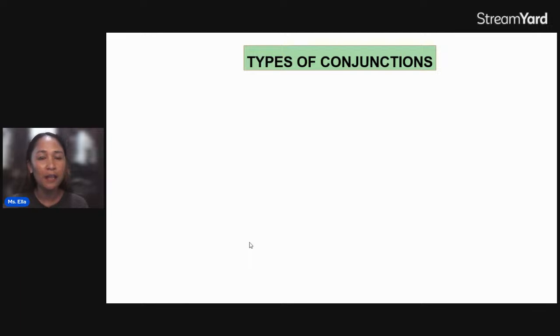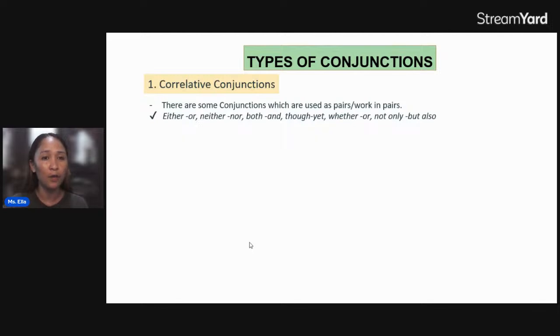Now let's talk about types of conjunctions. First, correlative conjunctions. What is a correlative conjunction? Correlative conjunctions are conjunctions that work in pairs. We have either...or, neither...nor, both...and, though...yet, whether...or, not only...but also.